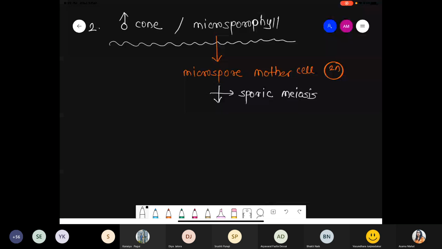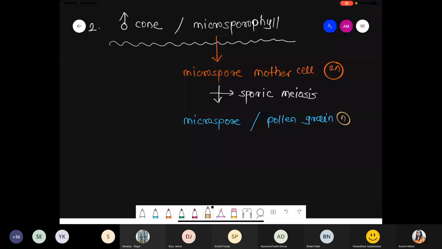After the sporic meiosis, they produce microspores. And the microspore is also called the pollen grain. The ploidy level of the pollen grain is haploid in nature. So the male cone is also called the microsporophyll.